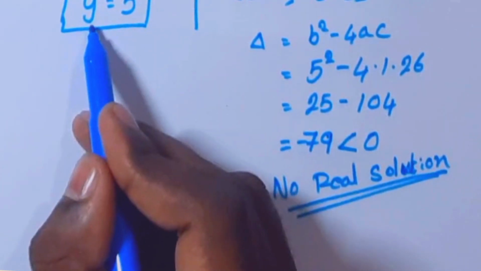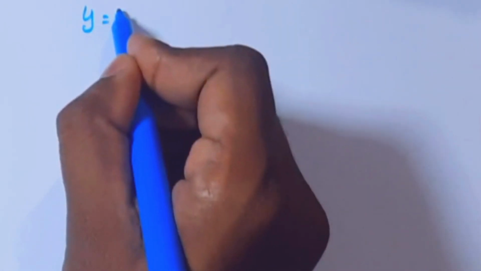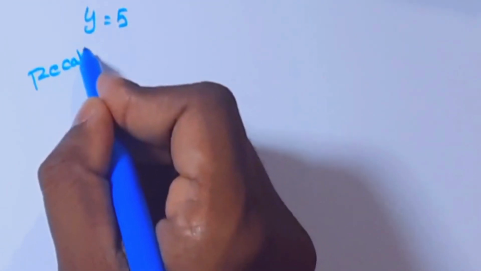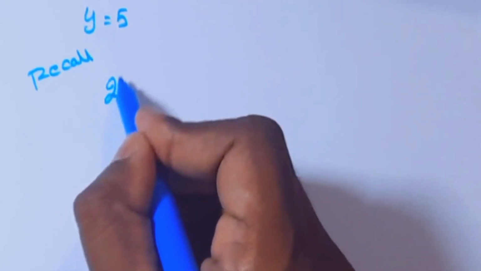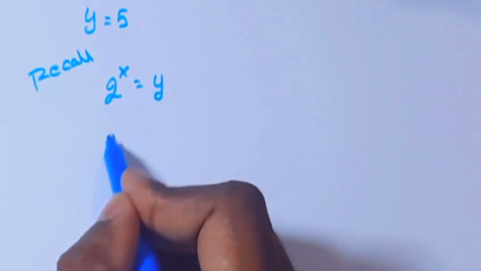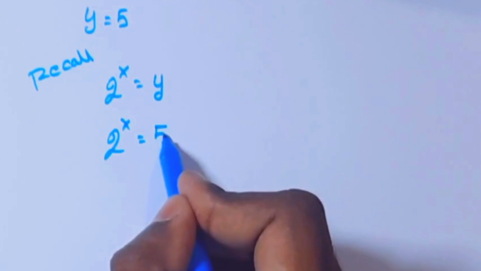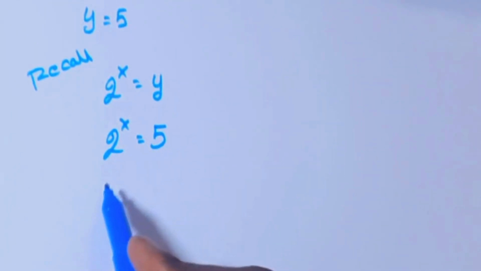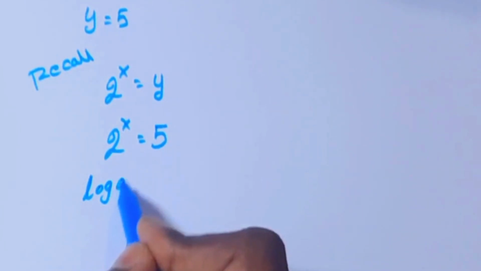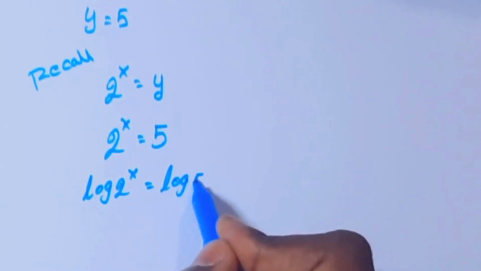We are considering y equal to 5. Now recall 2 power x equal to y. Now we are applying 2 power x equal to this y value, 5. Now to find the x, we are going to apply log on both sides. Log 2 power x equal to log 5.